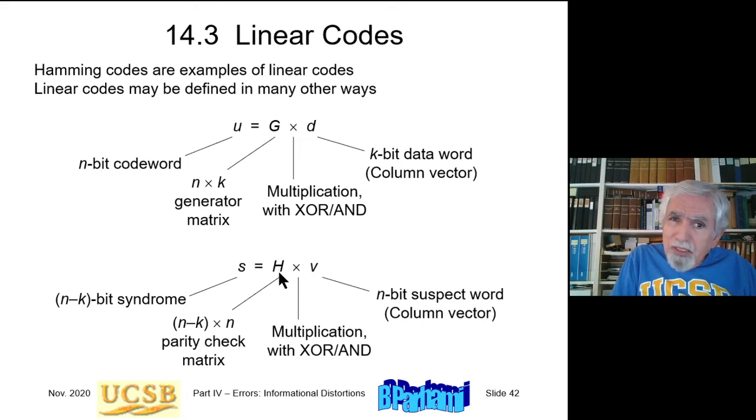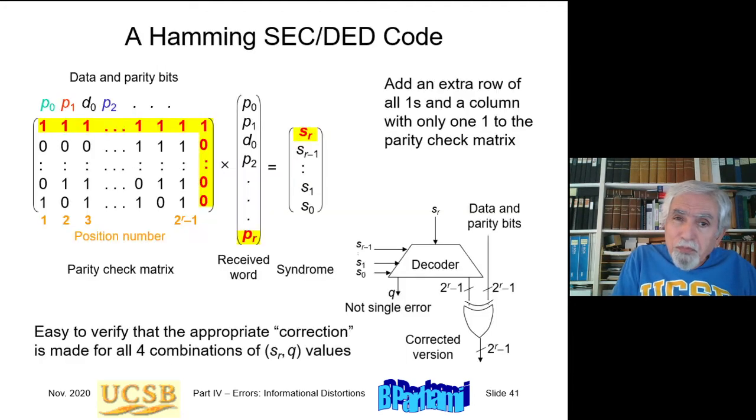The parity check matrix multiplied by a suspicious word gives you the syndrome. If the syndrome is all zeros, then all the parity checks are satisfied, and there's no error. If the syndrome is non-zero, it uniquely points to which bit or bits are in error.